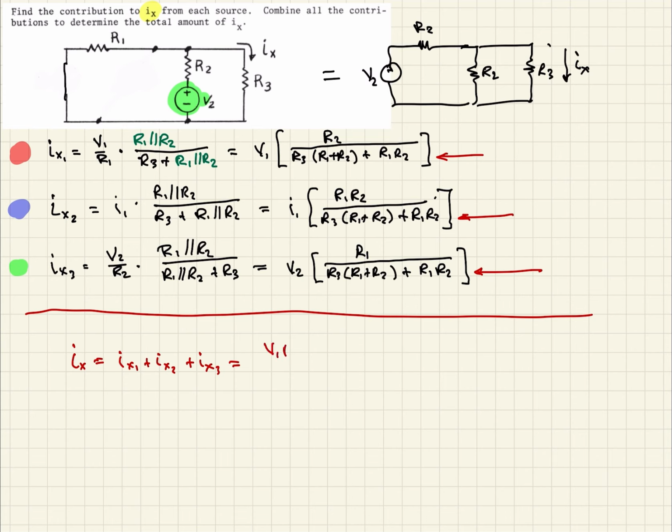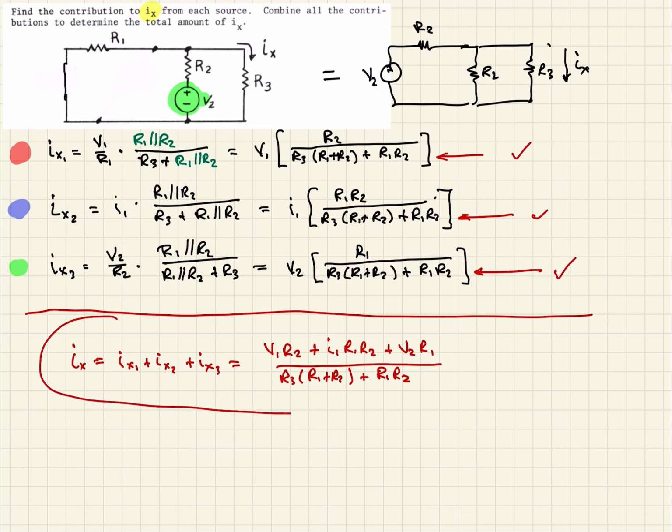So it'll be V1 R2 plus I1 R1 R2 plus V2 R1, and again all over this denominator, which is R3 times (R1 plus R2) plus R1 R2. So these are the three contributions from each source, and then this is what the total current would be if you were to assign values to everything and plug that in.